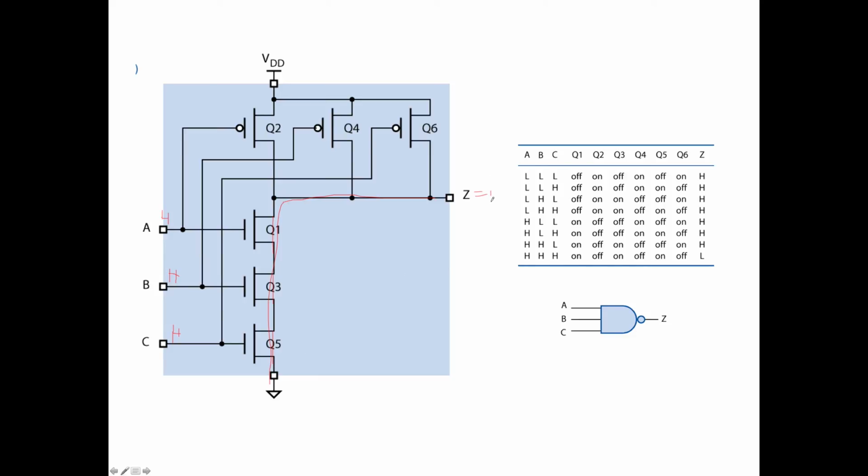For consistency, we can look at the upper half. If all these are high, then every one of these is open, and it blocks all the parallel paths to VDD. So that gives you an idea of what I want you to be able to do in terms of identifying gate types by looking at transistor circuits.